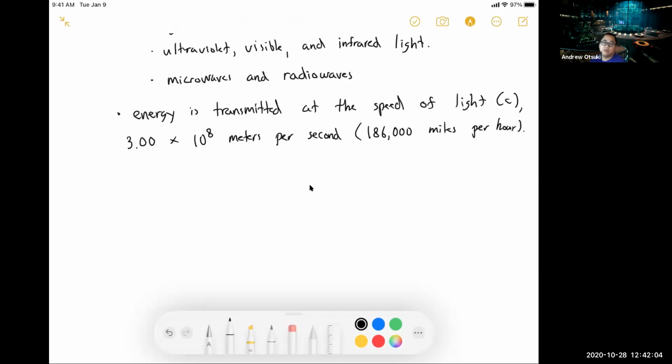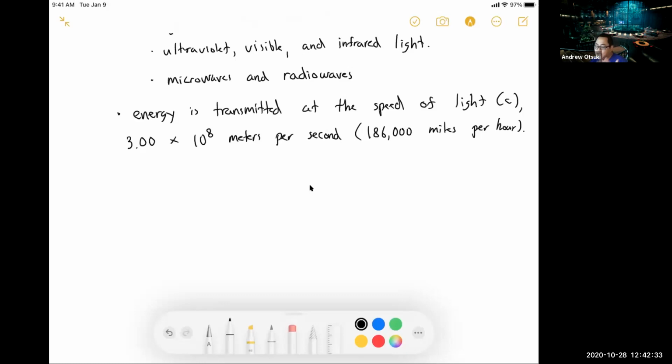So what we just described is that energy is transmitted at the speed of light, and different levels of energy are given by these sources of radiation.